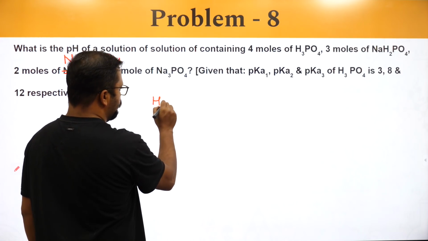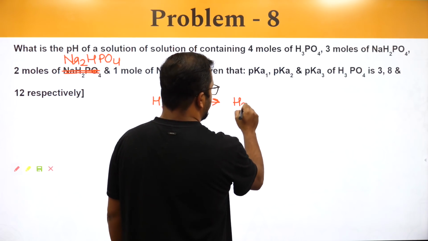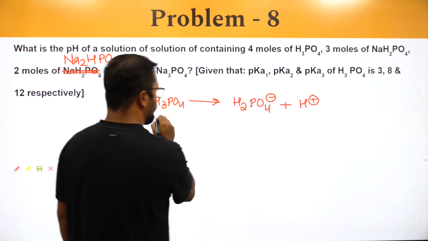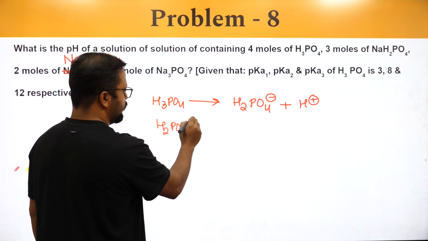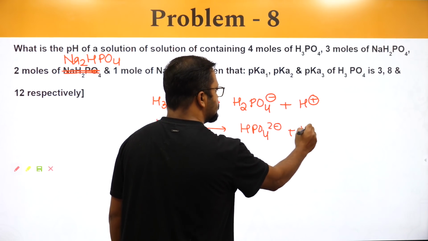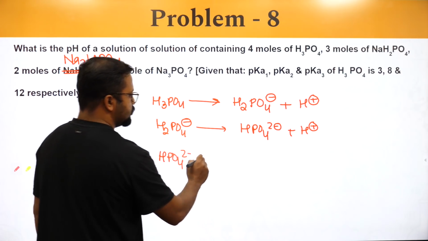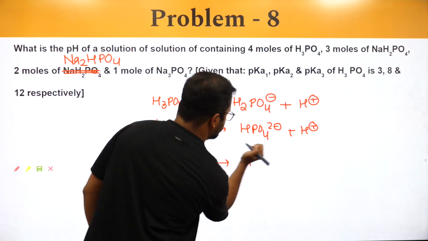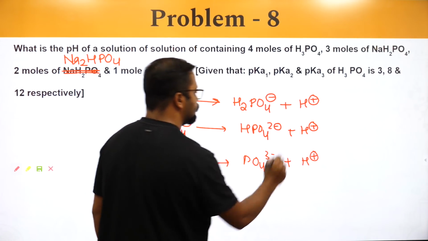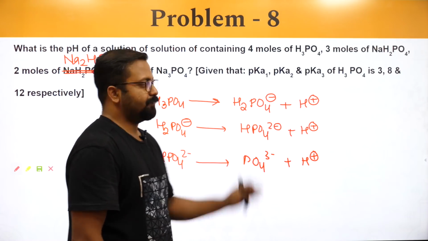If I write H3PO4 and form these ions, H2PO4 minus plus H plus, H2PO4 minus changes to HPO4 2 minus plus H plus, HPO4 2 minus changes to PO4 3 minus plus H plus. Okay, we have these 3 equations.